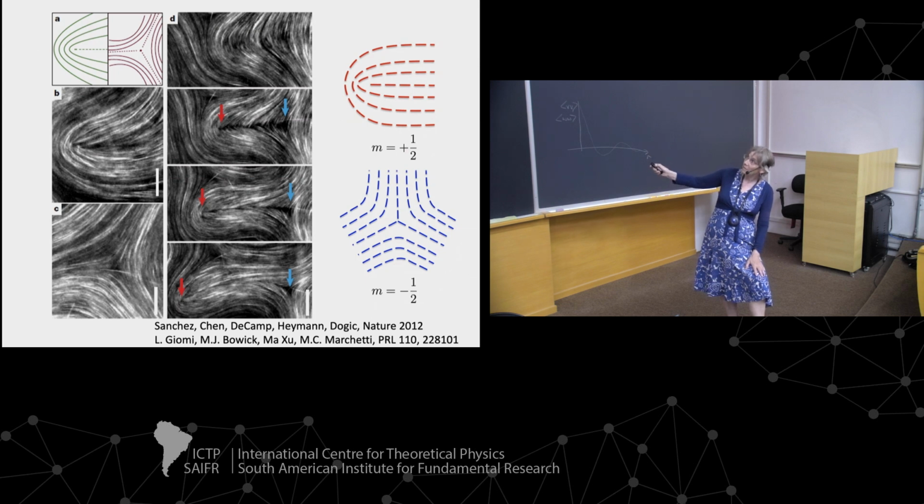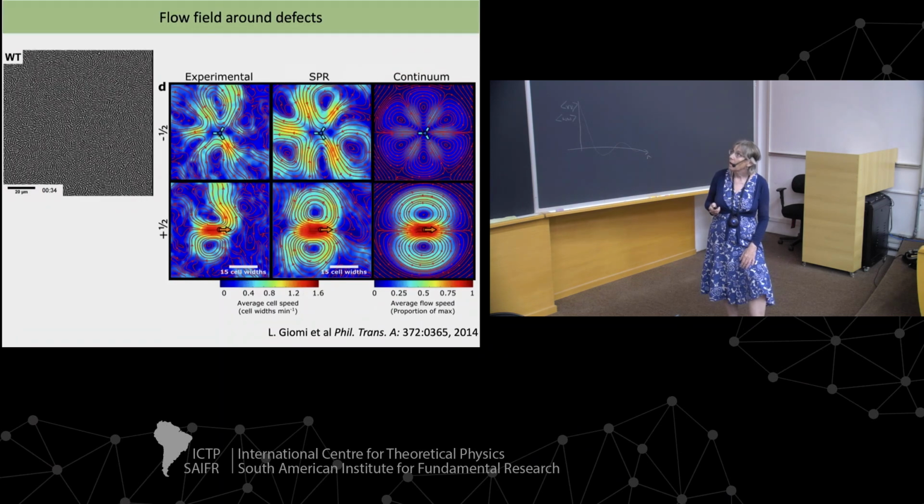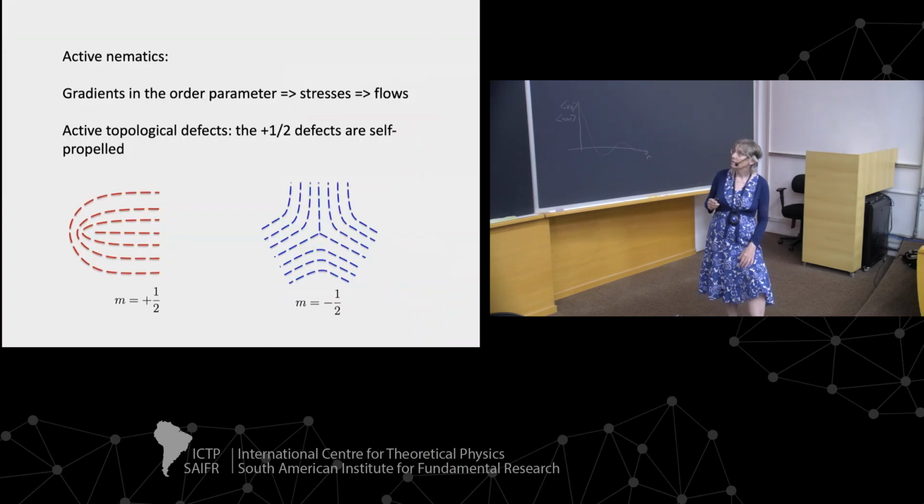Whereas the plus a half defect, the one here, is moving towards its head, because this is an extensile system. I'll come back to that. I'm going to actually do that, I think, as a thing.